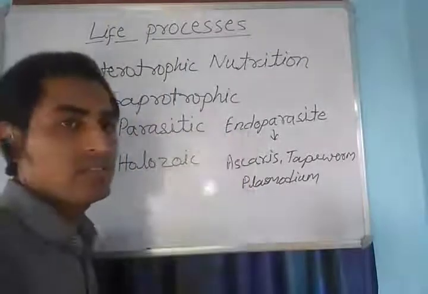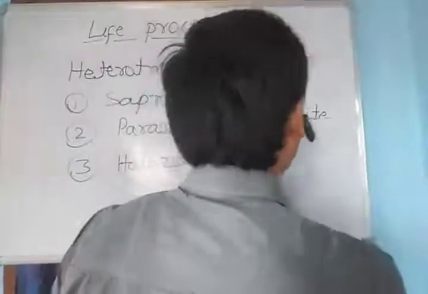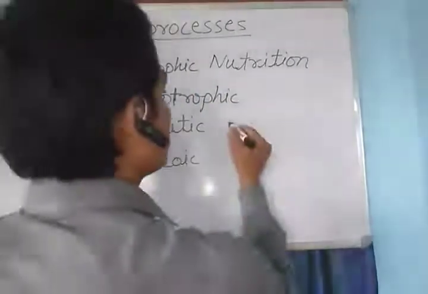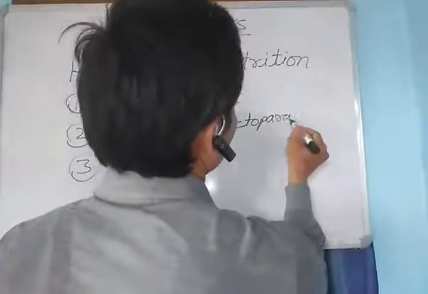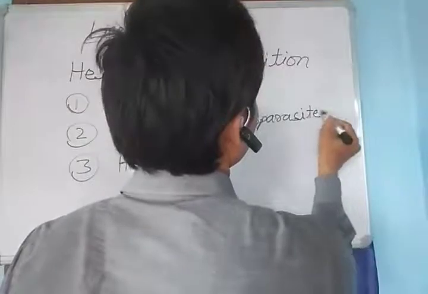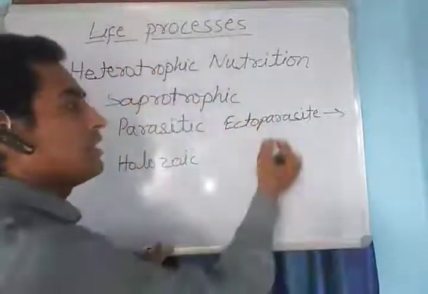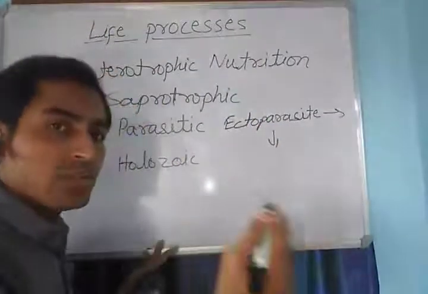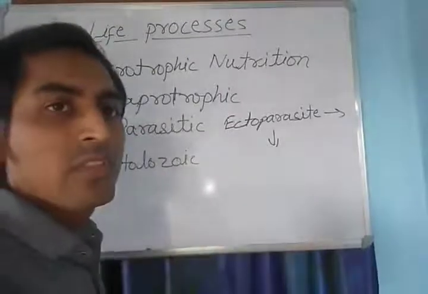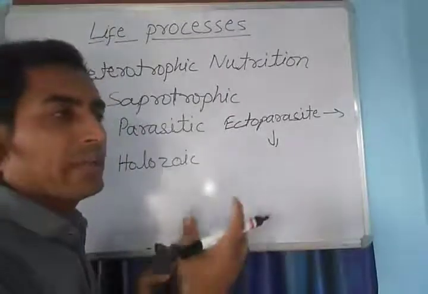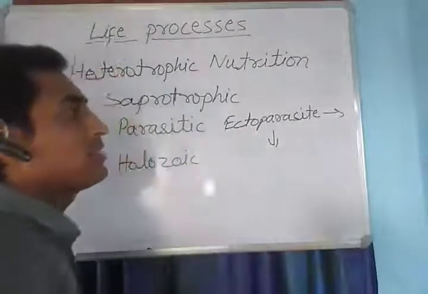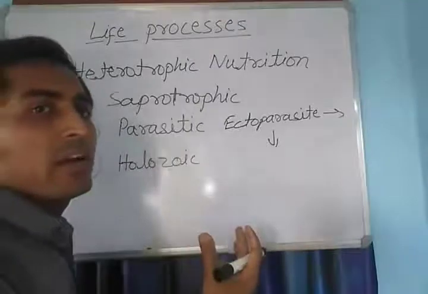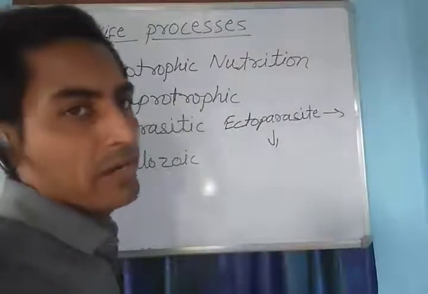Next, ectoparasite. In the case of ectoparasites, parasites live outside the body, get food, sometimes shelter, and cause disease. Ectoparasites may be temporary or permanent.